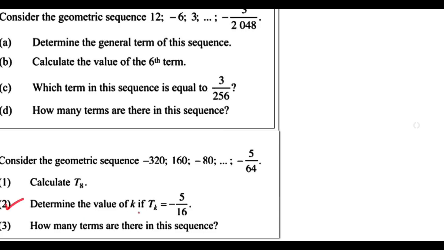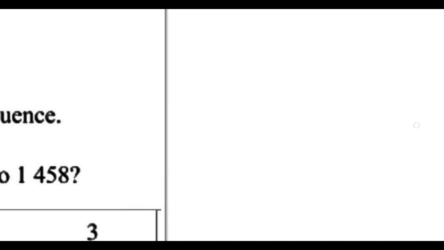Second part: determine the value of k if Tk is equal to negative 5 over 16. So set up the equation using the general formula, Tn equals a r to the power n minus 1.